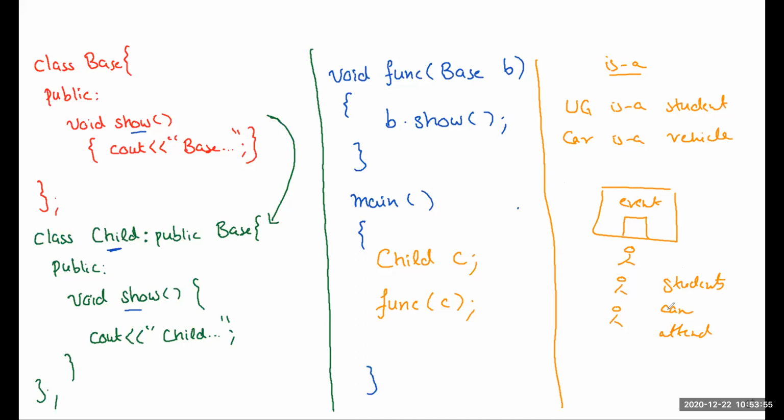Only students can attend, right? So you have a student class and you have two types of student, UG as well as PG. When I say students are allowed, it means UG students are also allowed, PG students are also allowed, because both are students, right? When you are allowing the student, it means every type of student is allowed.